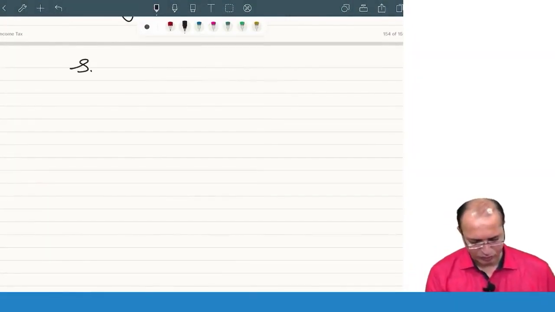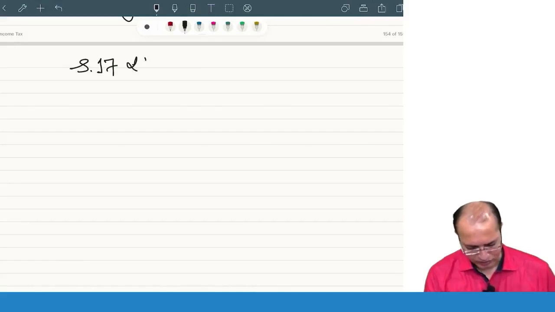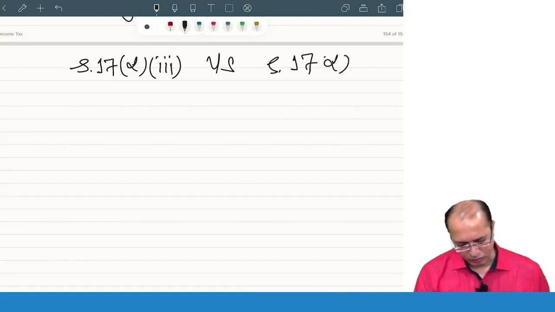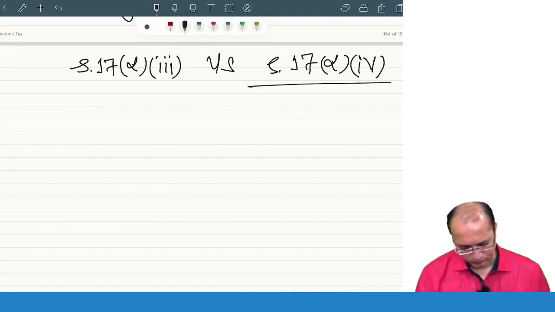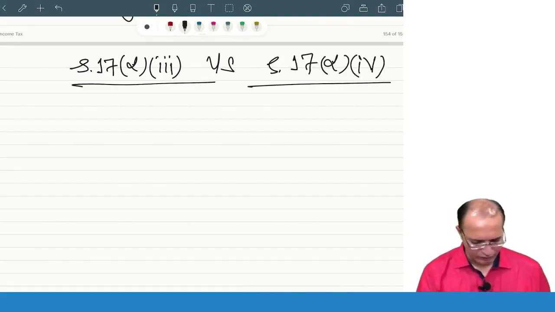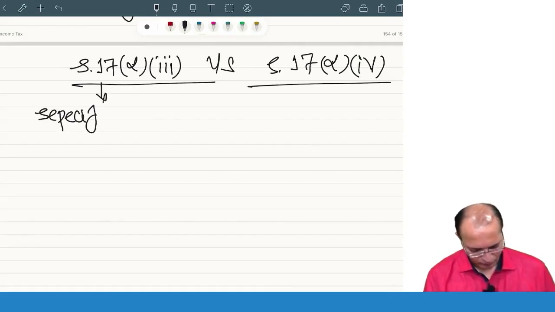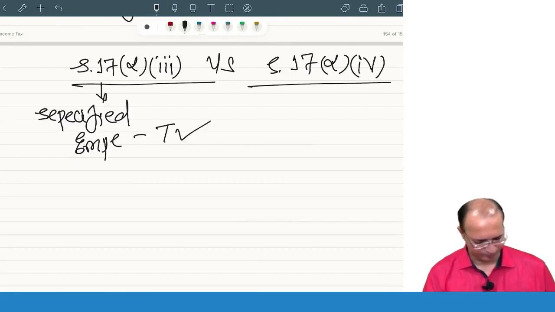See, we will compare these two sections. Section 17(2)(iii) versus 17(2)(iv). Don't write anything, everything is written in your book. Just focus here, try to understand. If the perquisite is covered by 17(2)(iii), then if the employee is a specified employee, that perquisite is taxable.